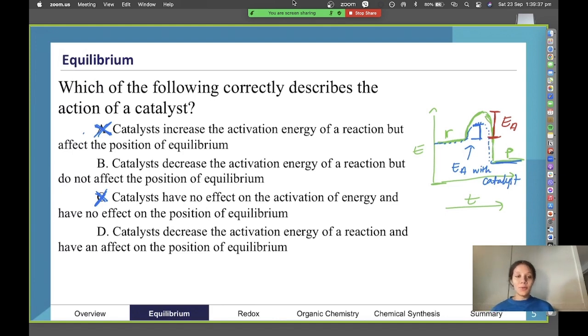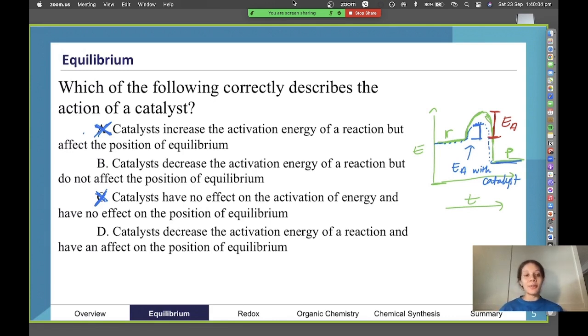So now we're going to have to move on to position of equilibrium. So really important with catalysts and equilibrium is that they don't change it. Like we see with the energy here, reactants and products don't really change in their amount of energy. In the same way, catalysts will not affect how much reactant or product there is at equilibrium. So if you want a really easy way to remember it, catalysts help you get to equilibrium faster, but they do not actually change the equilibrium position.